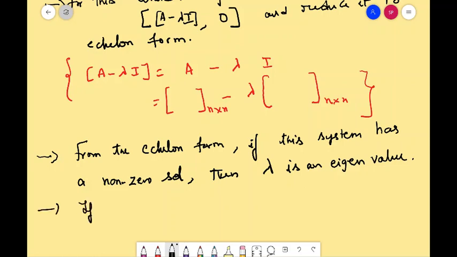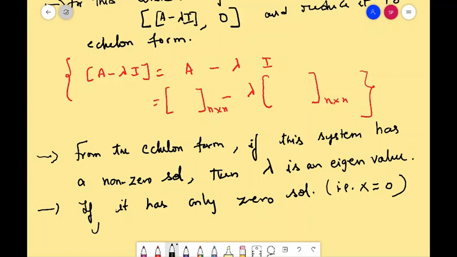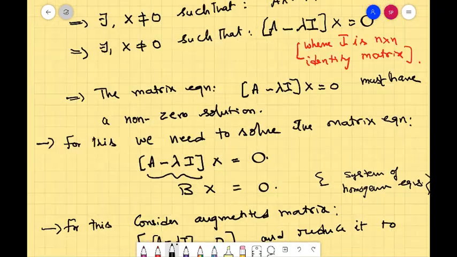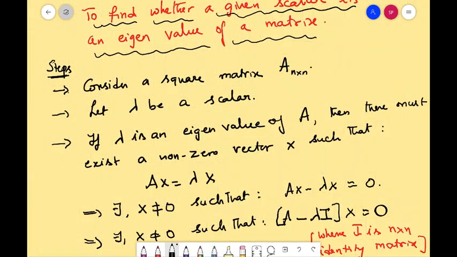If it has only the zero solution, that is x is equal to 0, then lambda is not an eigenvalue. This is a procedure to check whether a given scalar lambda is an eigenvalue for a given matrix or not.